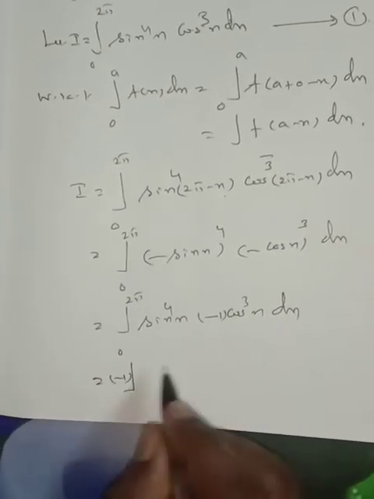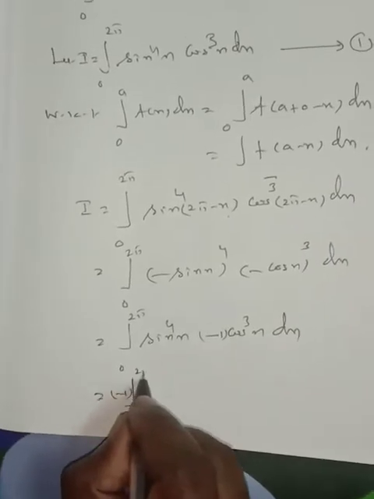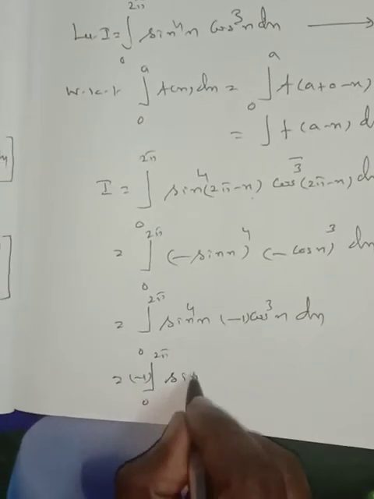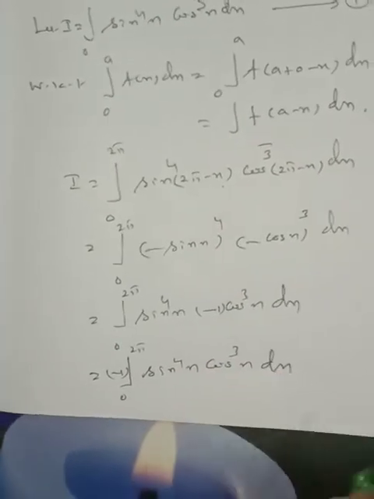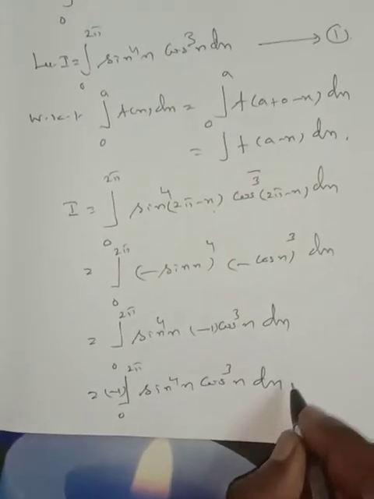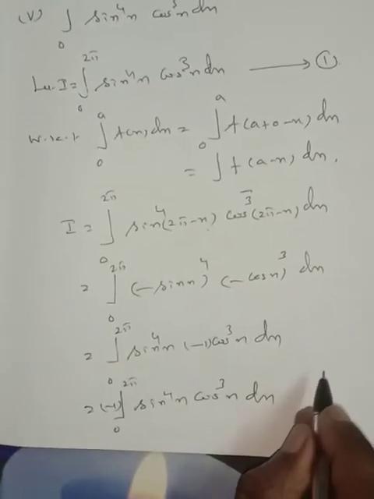Minus 1 into integral 0 to 2 pi sin power 4x cos power 3x into dx. Number this as 2.